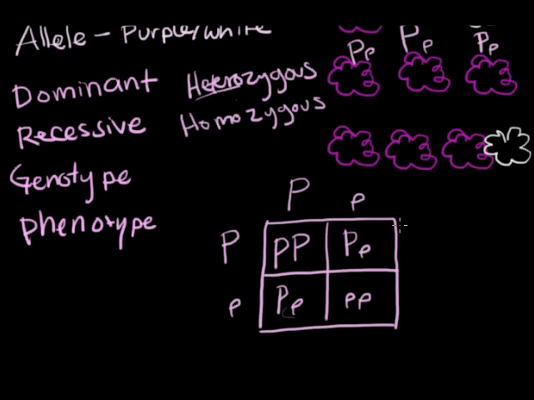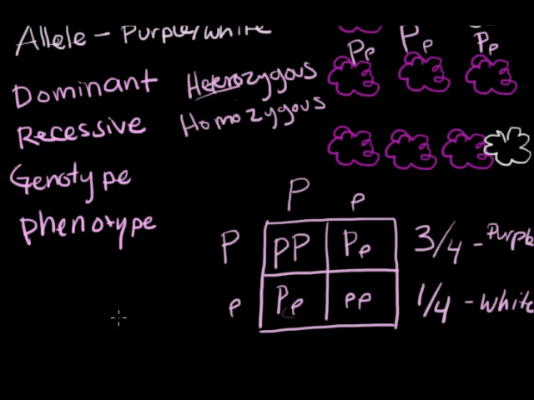But if you look at the phenotype, you have a 3 out of 4 chance. Each of these, 1, 2, 3 out of 4, are going to be purple, and only a 1 out of 4 chance of having white flowers. So this is what gives us our 3-to-1 ratio, just to clarify if you didn't know that before.